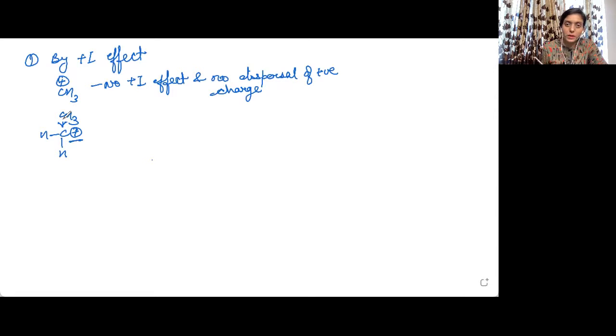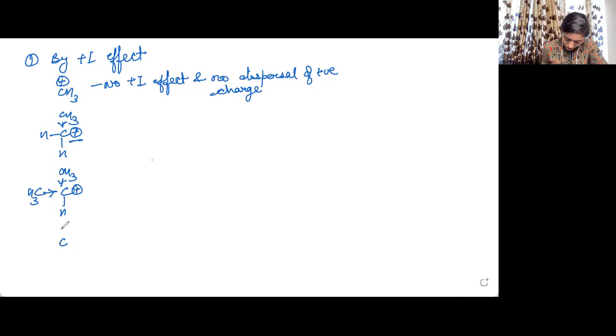In the primary carbocation, there is only one alkyl group dispersing the positive charge of this carbocation intermediate. In the secondary carbocation, there are two methyl groups which can disperse the positive charge of the positive carbon.